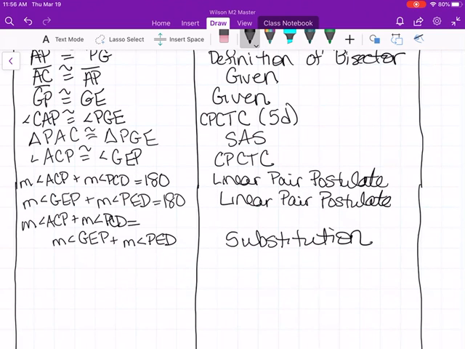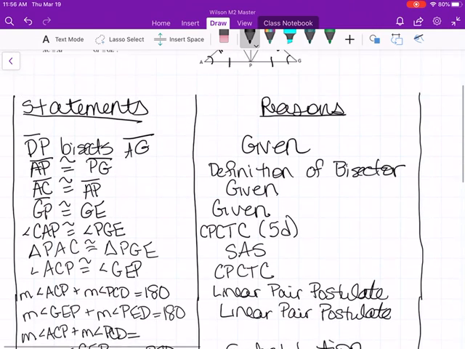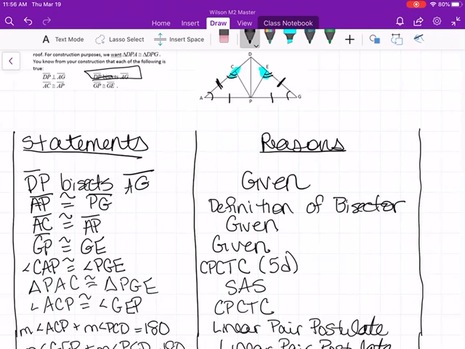Then what I'm going to do is subtract from both sides angles that are congruent. So the ones I highlighted here in that teal color, those equal 180, those equal 180. But we already knew that these two angles were congruent.